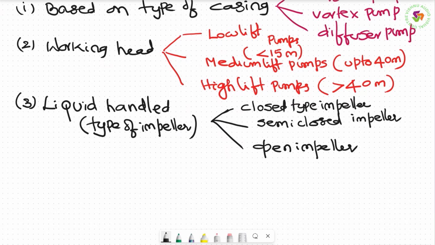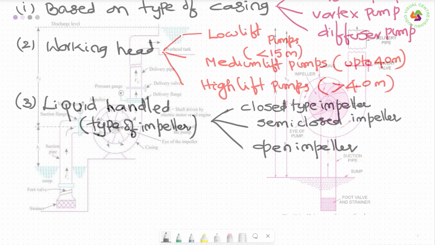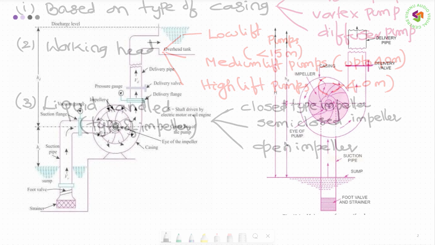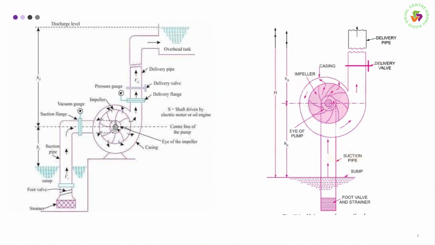An open impeller is nothing but like a fan. If you put the bottom plate, we call it semi-closed. And if you put the top plate also, then it is closed. I have already put the figures in the beginning of this lecture.